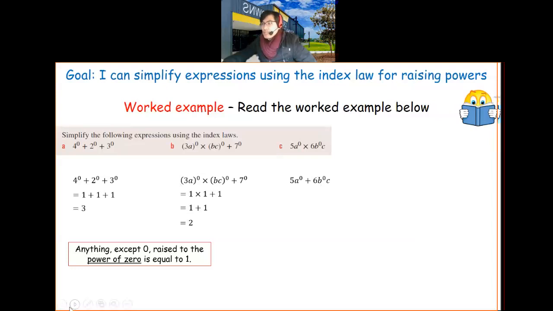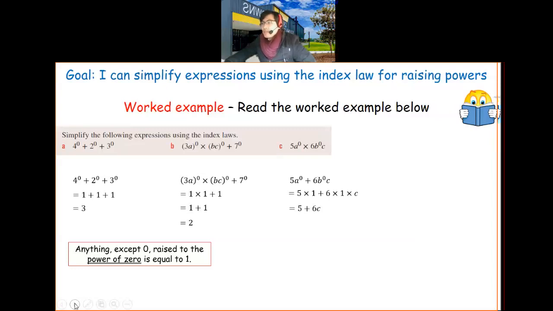So what that means is we have 5 times 1. Okay, so a to the power of 0 is equal to 1. So we have 5 times 1 plus 6 times b to the power of 0, that's 1, times c. Remember that if you don't see anything between the numbers and letters, that means there is a multiplication sign there. And 5 times 1 is 5, and 6 times 1 times c is going to give you 6c.